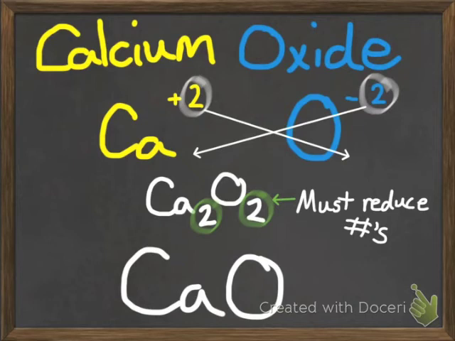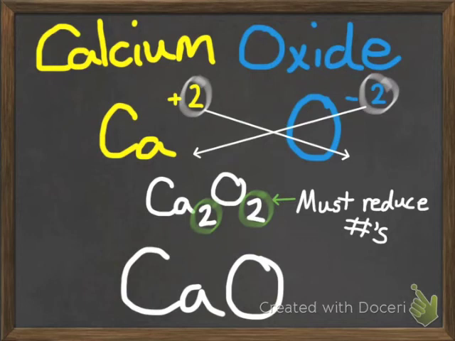Because remember, in ionic compounds we have to have a balance of charge. So if we have 1 calcium, then we need to have 1 oxygen, because calcium is a +2 oxidation state and oxygen has a -2 oxidation state. So we have to have equal amounts of those in order to have a balance of charge.